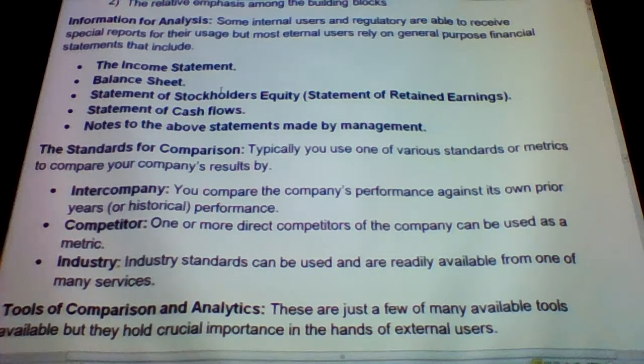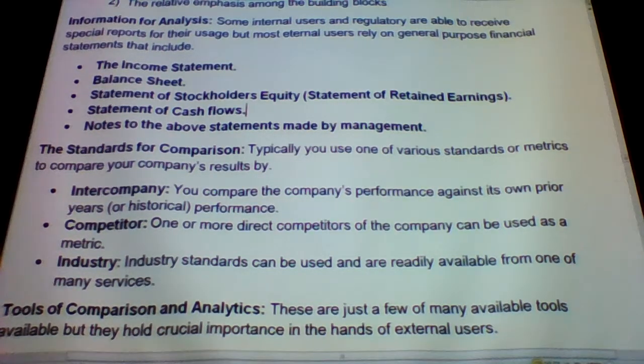Some internal users and regulatory personnel are able to receive special reports for their usage, but most users, that's supposed to be external, not eternal, rely on general purpose financial statements that include the income statement, the balance sheet, statement of stockholders' equity or the statement of retained earnings, statements of cash flows, and notes to the above statements made by management.